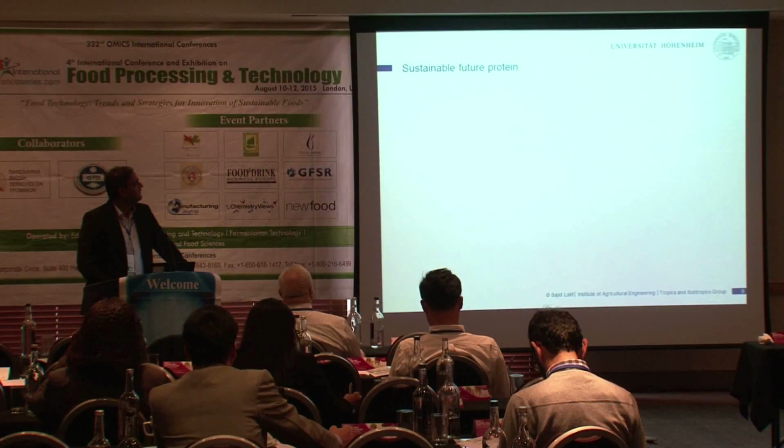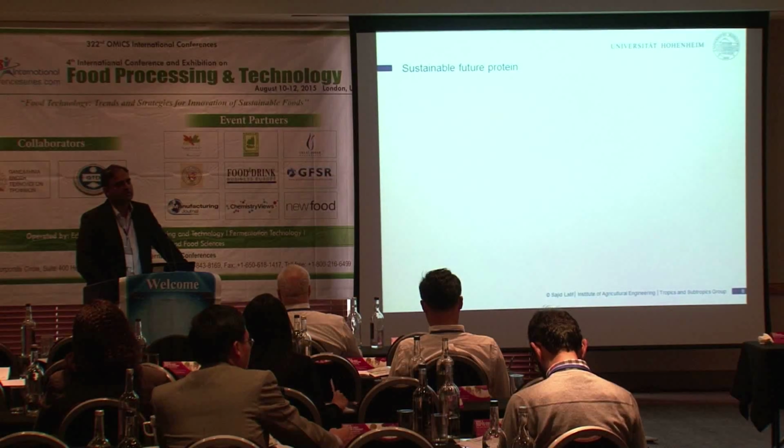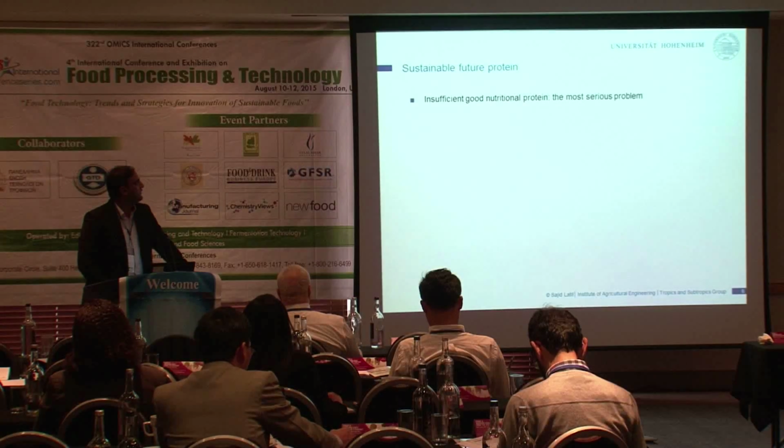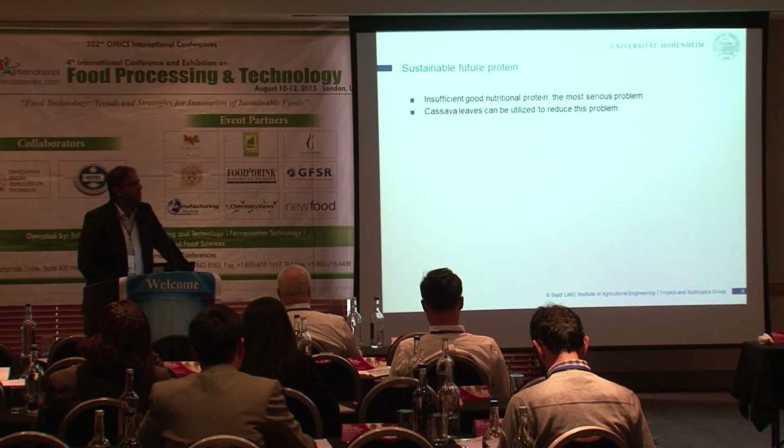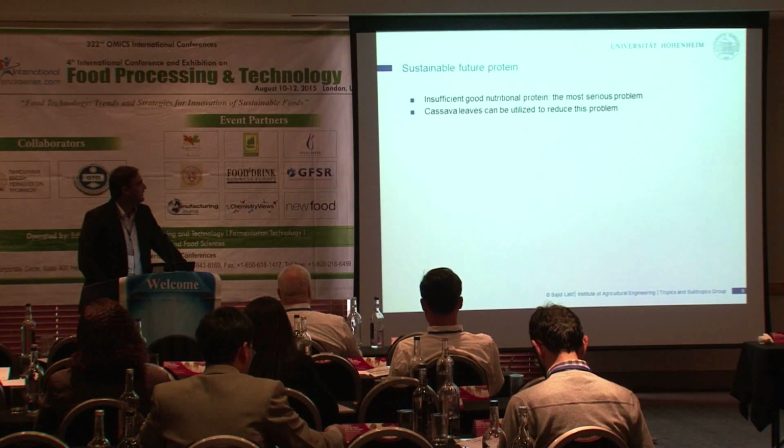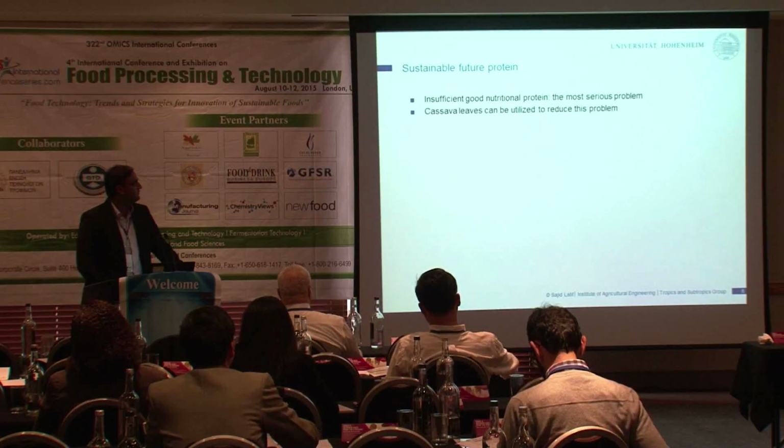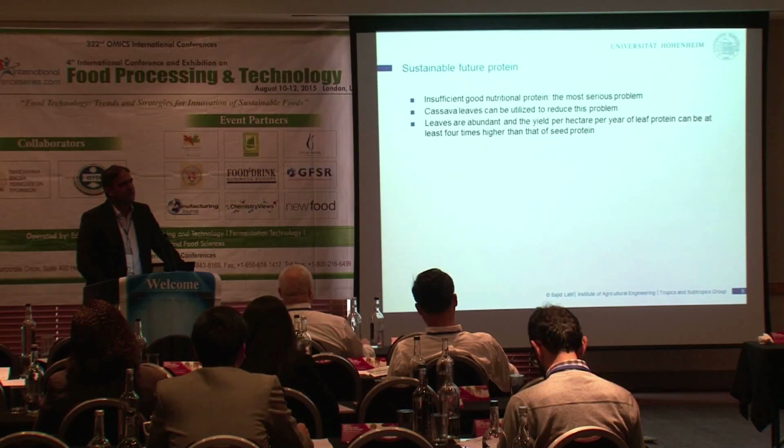So the point is also the sustainable future protein. Some people already talk about sustainability and sustainable future protein. So it's a serious problem, and cassava leaves can reduce this problem if we are able to properly utilize them.